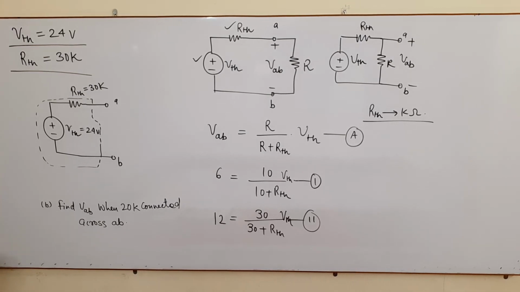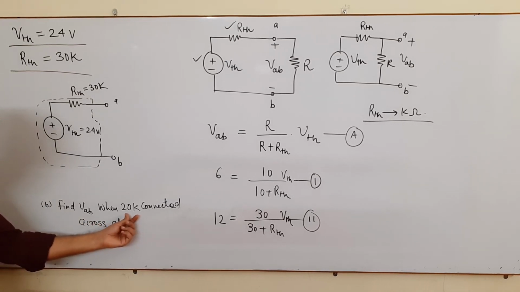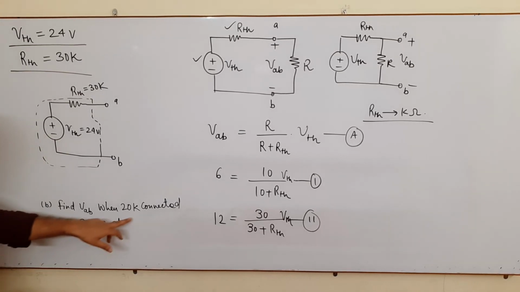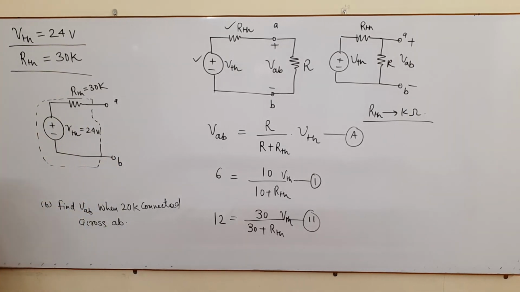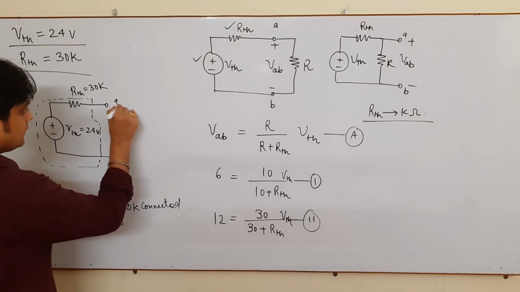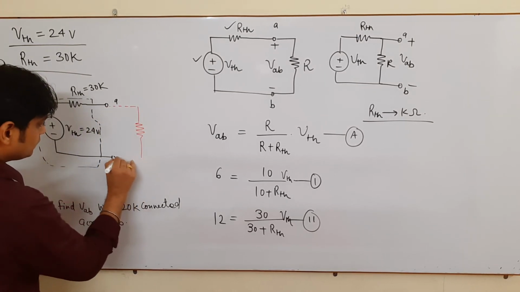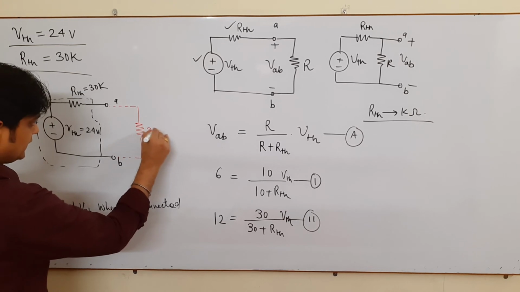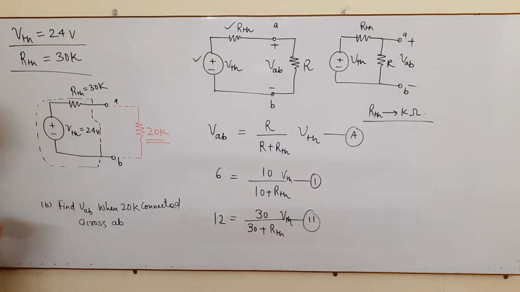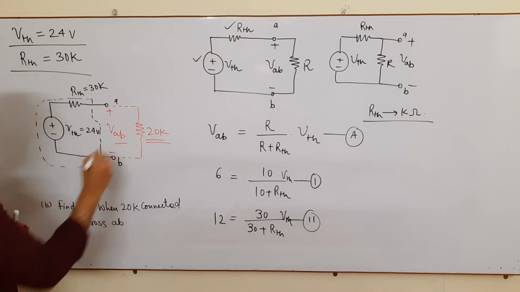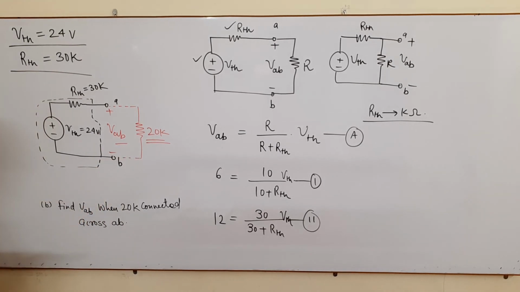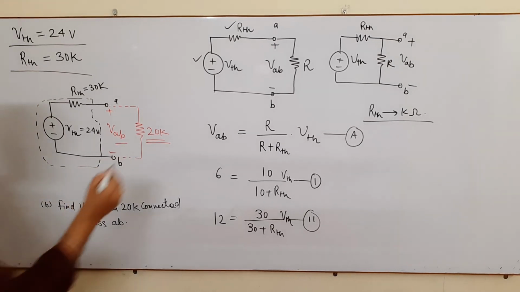Now you have to find the value of VAB when the load is 20 kilo ohm. It means when a load of 20K is connected, you have to find this voltage VAB. Okay, so you can easily find that voltage by just applying this formula.